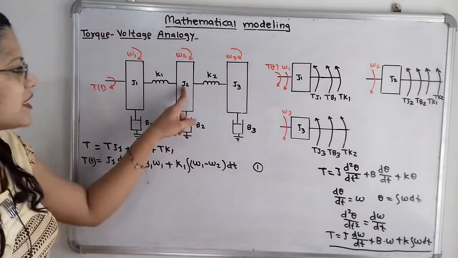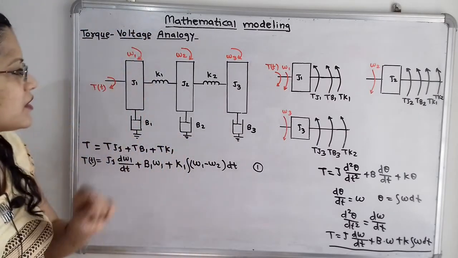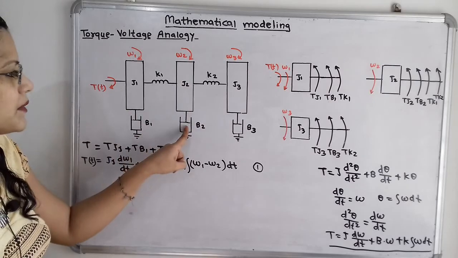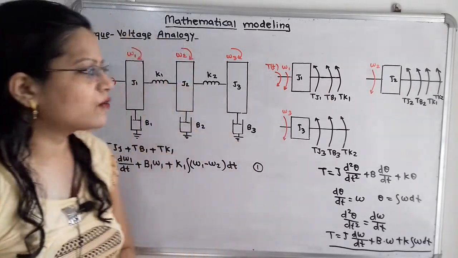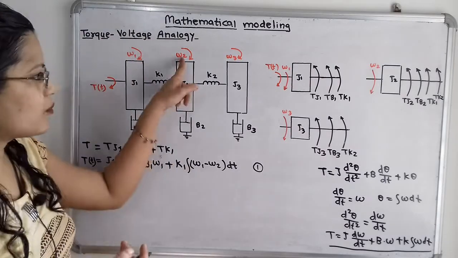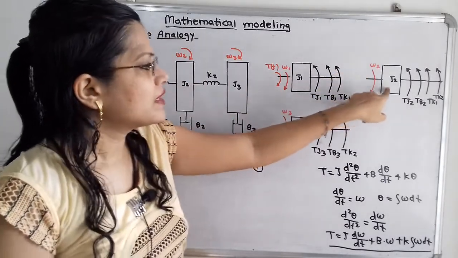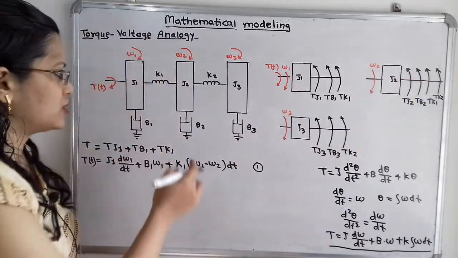So for this Z2, which terms are related or which elements are related? Now if we observe, here is K1, then K2, then B2, and inertia torque due to Z2. So we have to write all these, and omega 2 is related to this Z2. So I will write here omega 2, then reaction torque we have to show in the opposite direction.